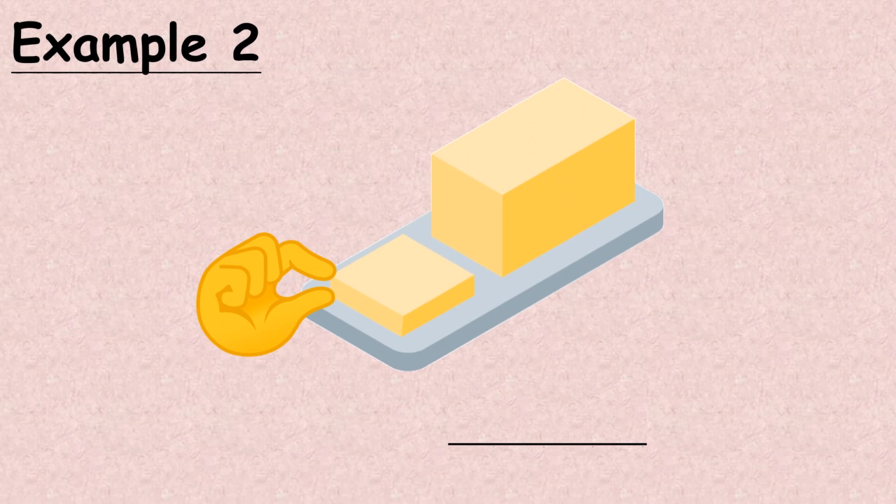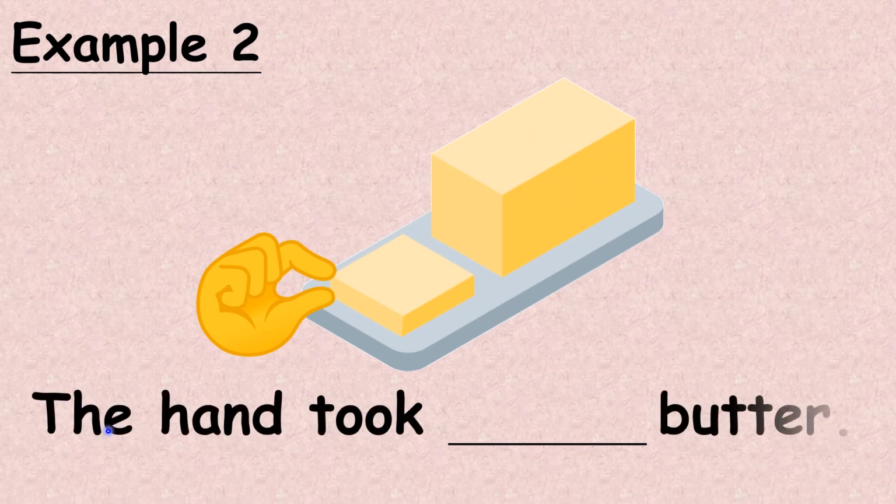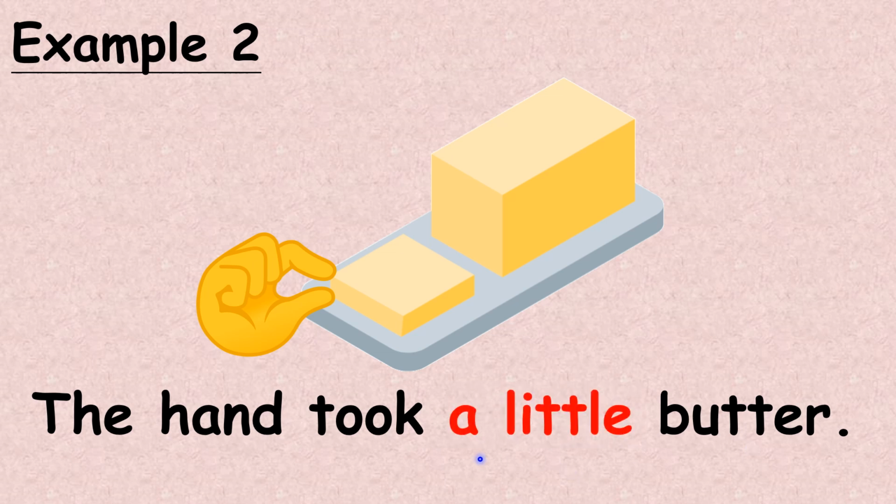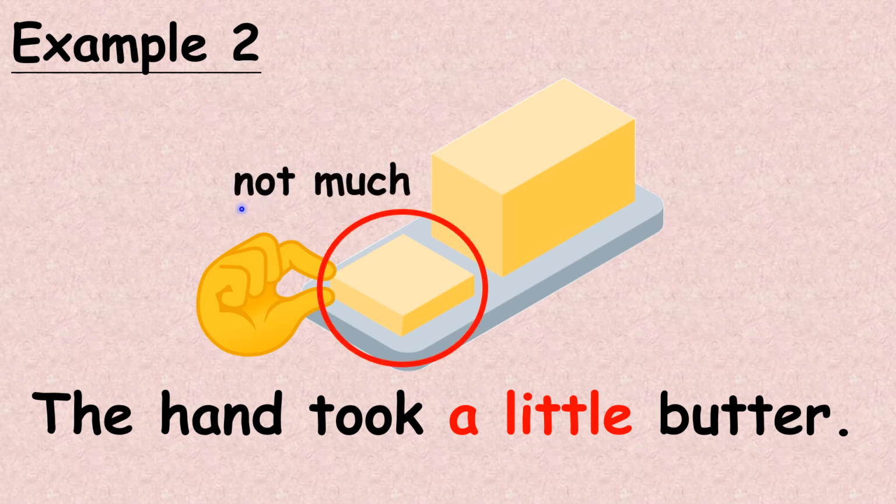Example 2. The hand took blank butter. The answer is a little, because there's not much butter.